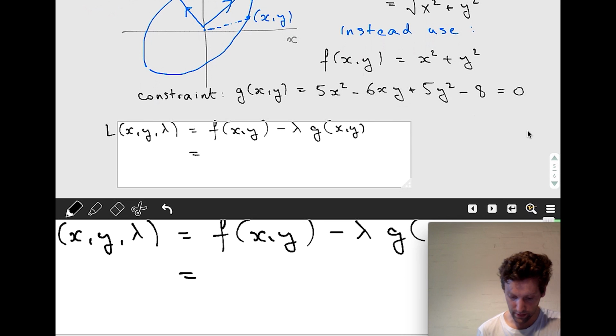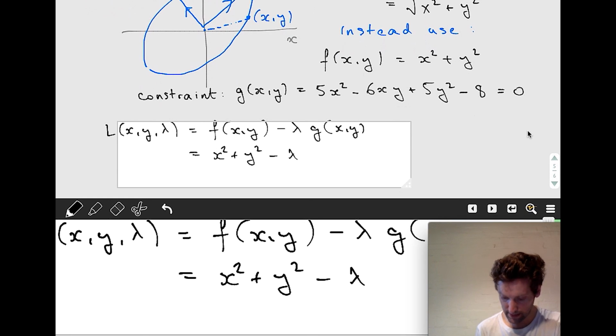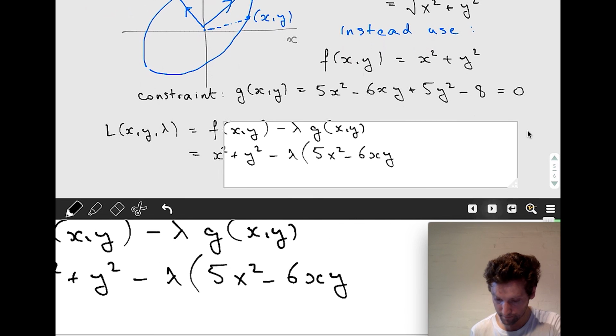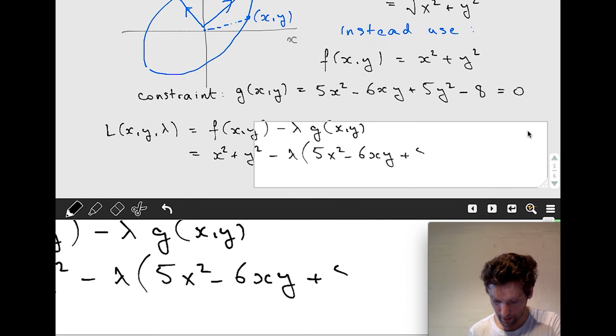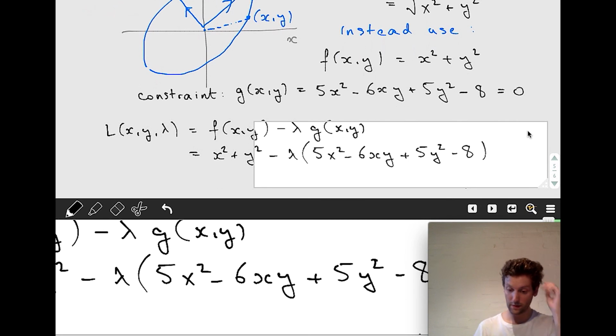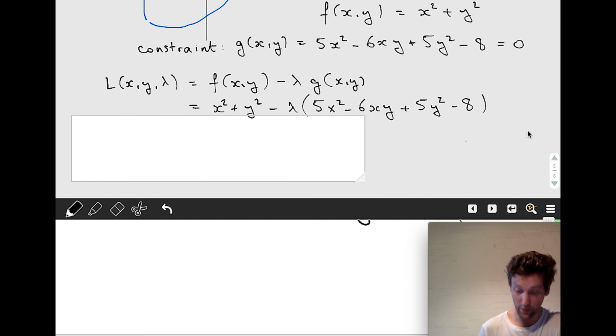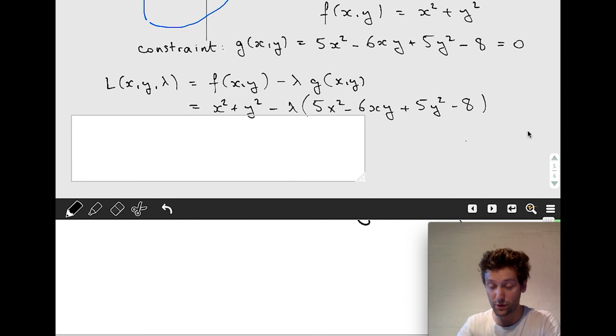So that's going to be equal to x squared plus y squared minus lambda of 5x squared minus 6xy plus 5y squared minus 8. Now we can start taking derivatives of this. So we're looking for the stationary points of this function.